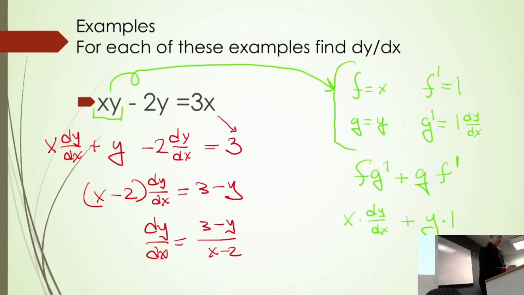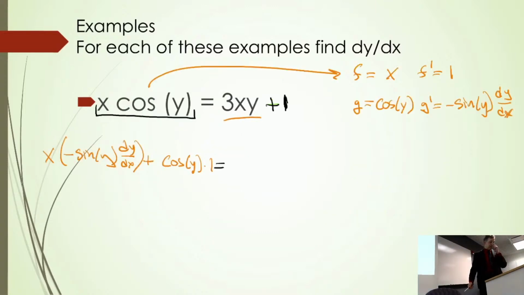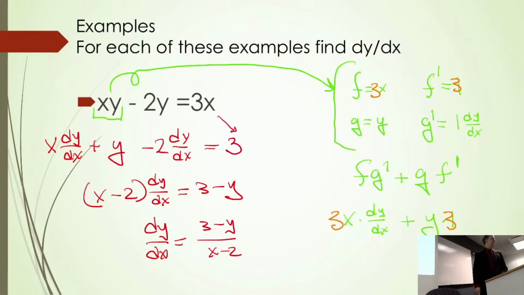This will be 3, this will be 3, this will be 3. But we did it once, so I don't know that we need to write it all out again. But if you do need to, there.